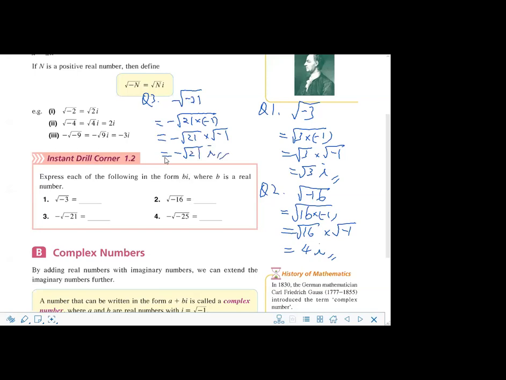That is question number 3. Question number 4: negative of square root of -25. Outside negative unchanged. 25 times -1, split like this. Square root 25 can be simplified to 5. So the final answer should be -5i. Is that all right?